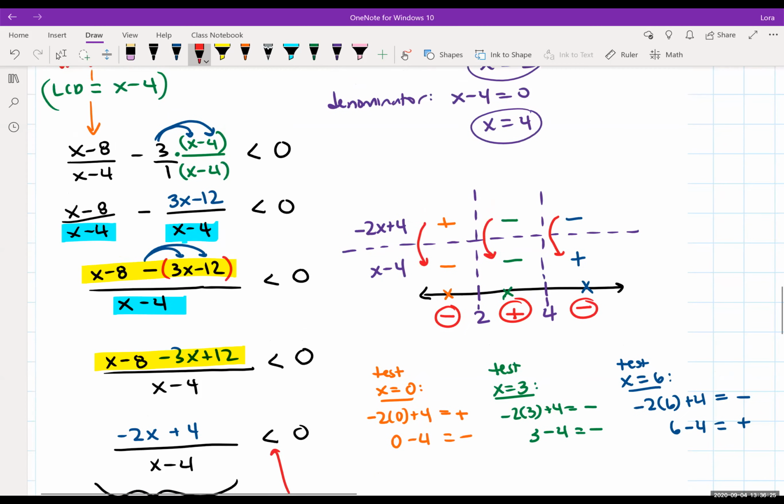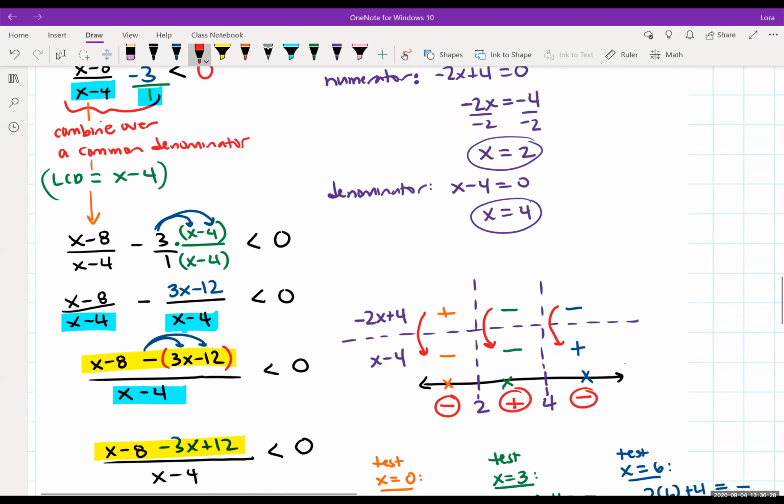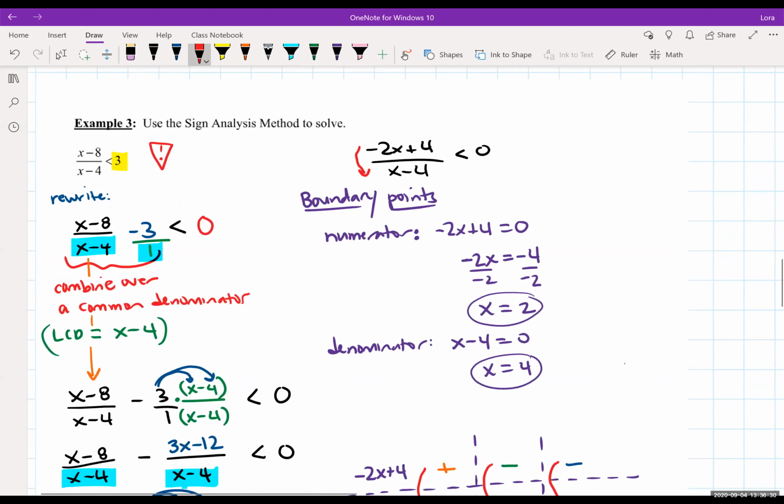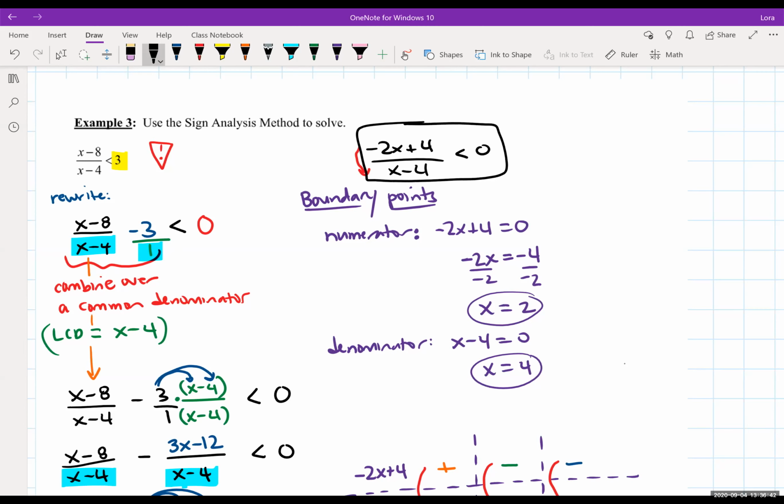The last thing we're going to do is go back and look at what direction the inequality was facing when compared to 0. This is after we did all the work so that we could rewrite it as a single fraction compared to 0. So again, I'm referring back to this inequality. And notice when we say less than 0, we're basically asking the question, where do we see a negative region?